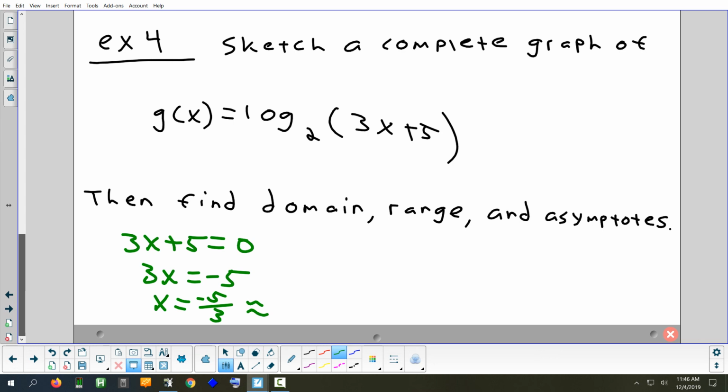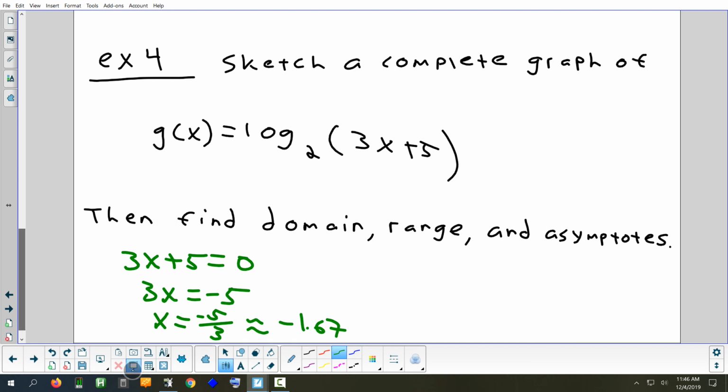Now, since we're graphing, a decimal is kind of handy here rather than a fraction. What's negative 5/3 if you divided it out? Yeah, negative 1.67, roughly. It's like negative 1.6 repeating. So I'm going to draw a vertical line at negative 1.67.